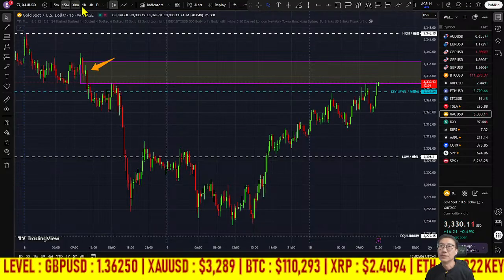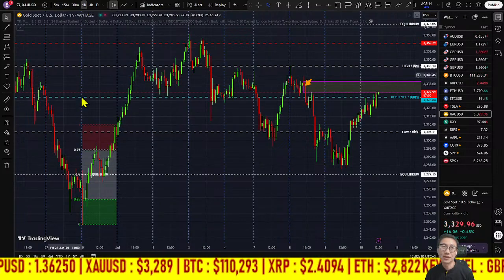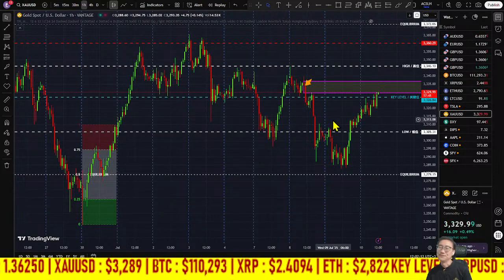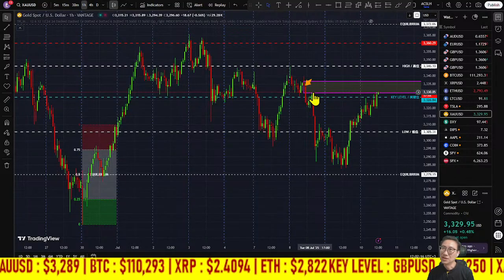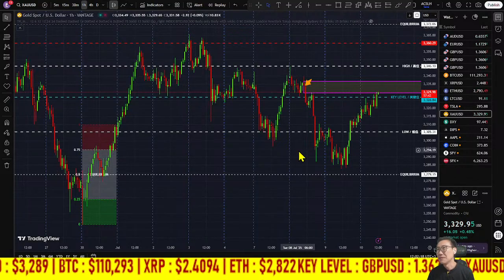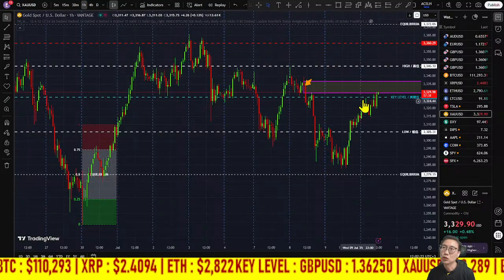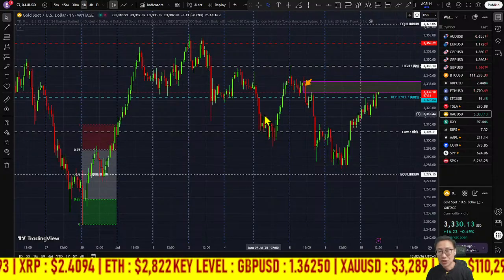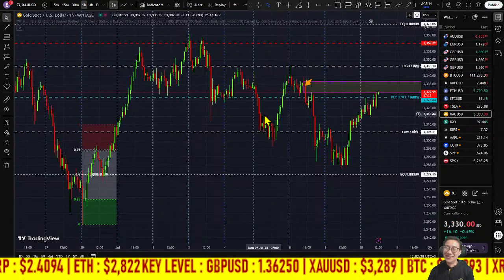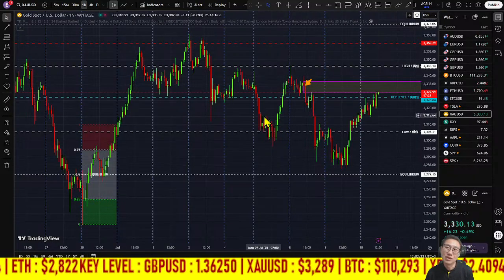But I'm looking at the H1. Currently we are onto this area of resistance. There may be some pullback. If this pullback falls below the key levels, then the change will come. That's what I see, but it may not.